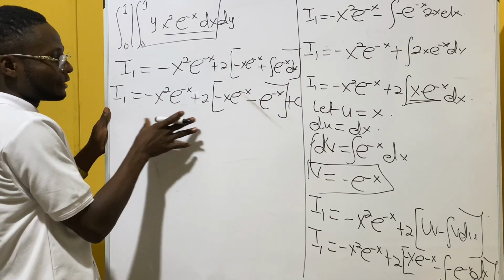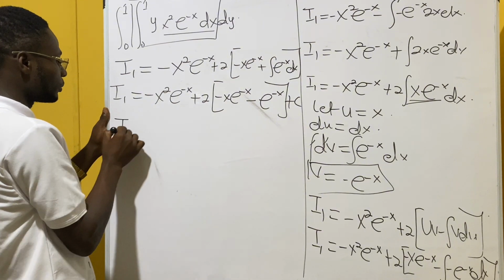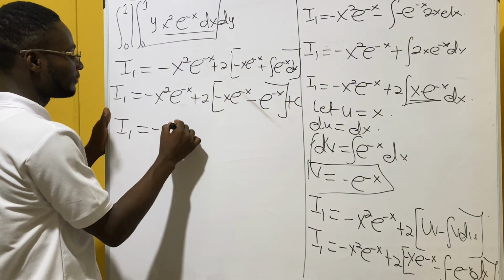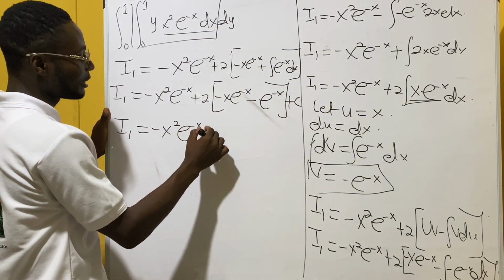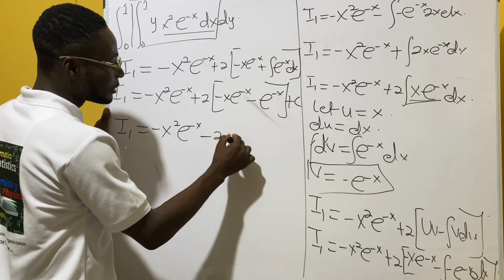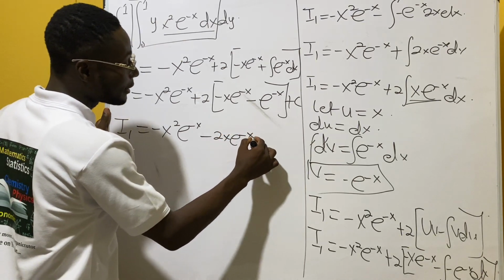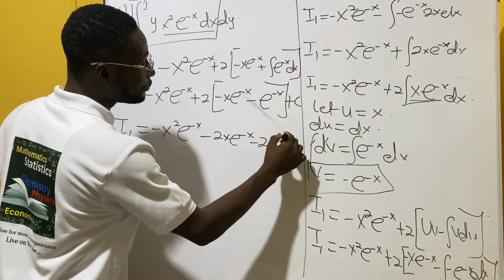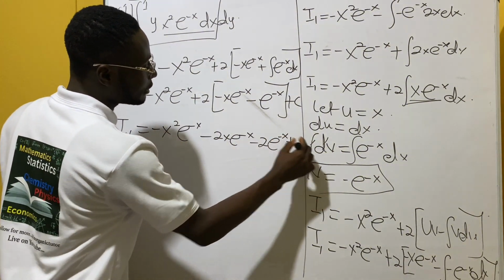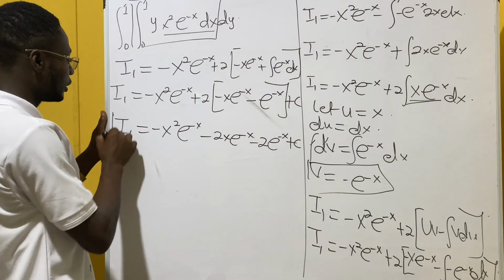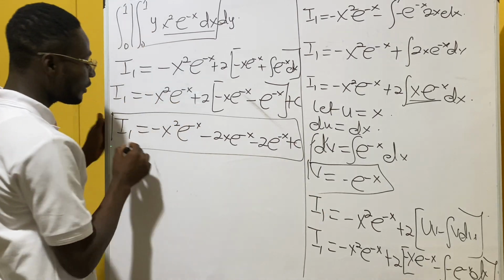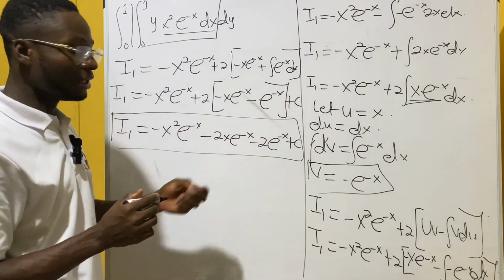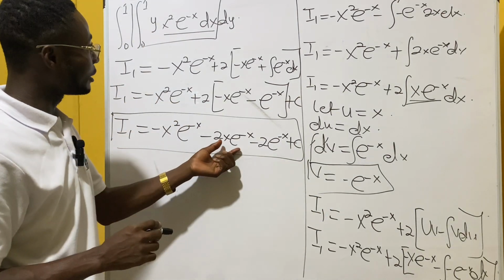We can spread the 2, so we have negative x squared e power negative x minus 2x e power negative x minus 2 e power negative x plus our constant of integration. So the inner function has been integrated up to this point.